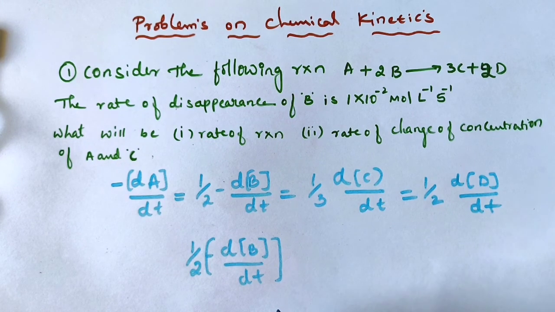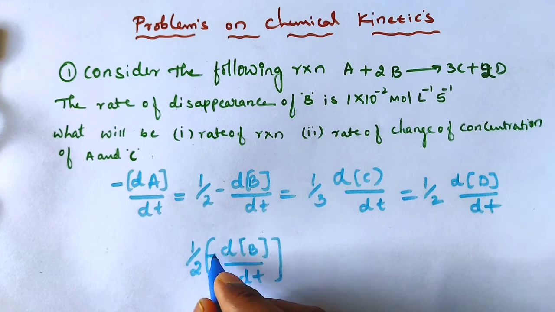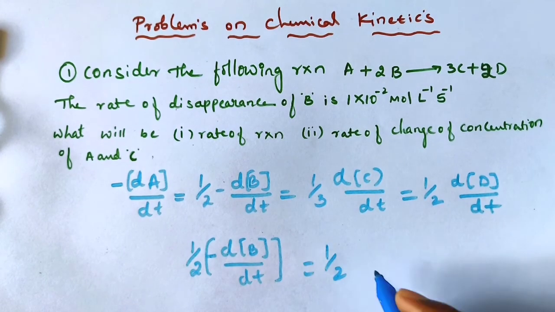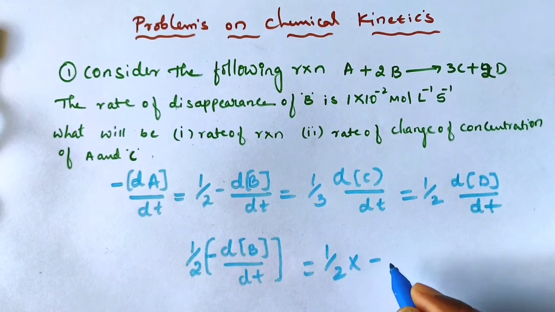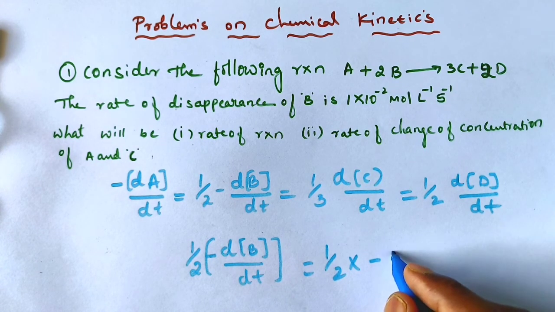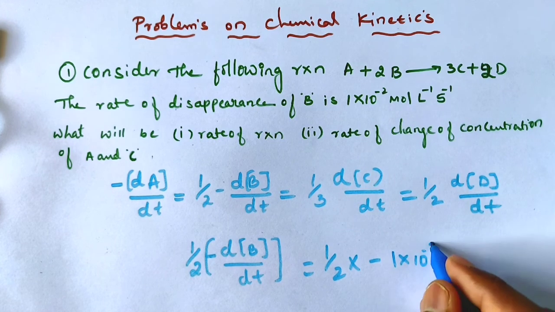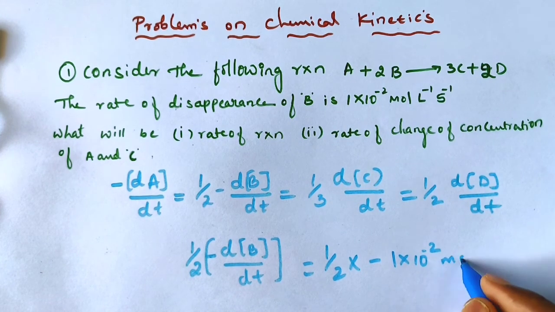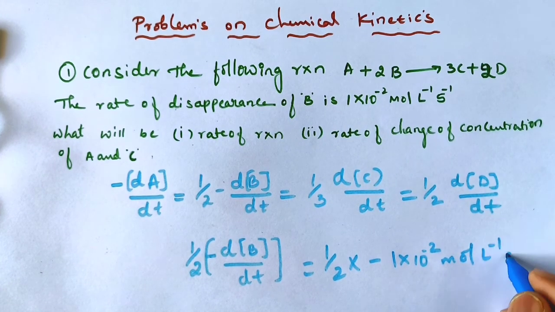For this you can write like this: half into minus of 1 into 10 to the power of minus 2 mole per liter per second.